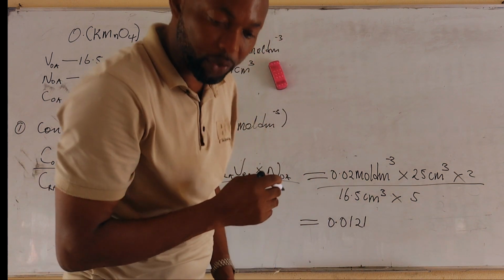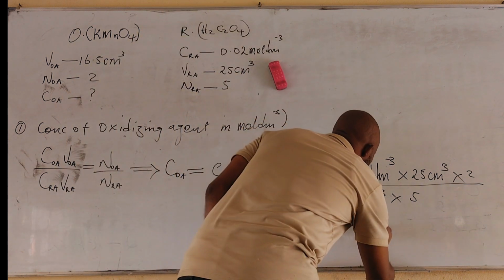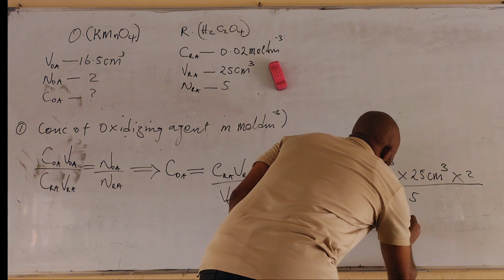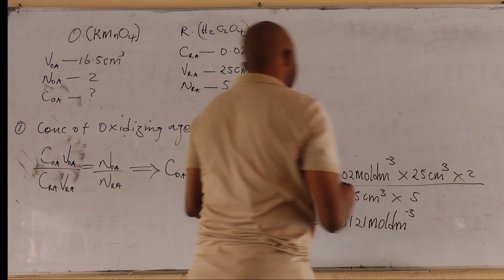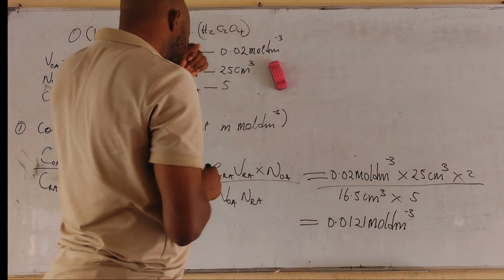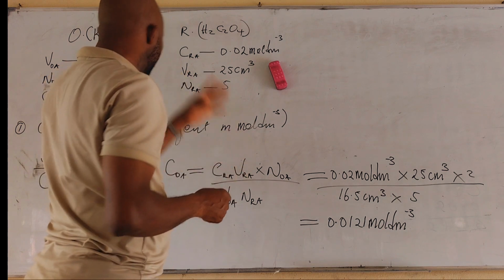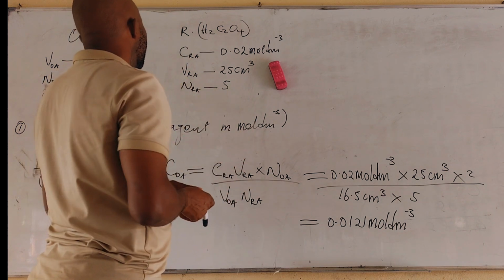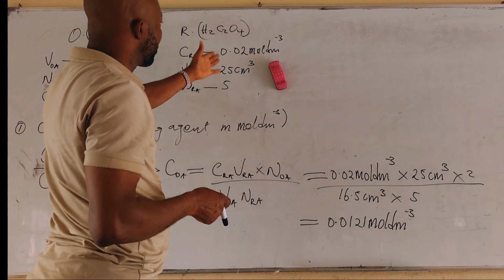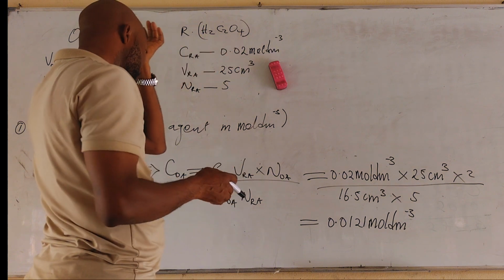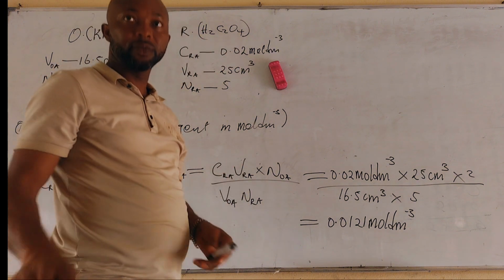Am I right? 0.0121 mole per dm cube. So this is the concentration of the oxidizing agent. That of the reducing agent is 0.02. This other one is 0.01.